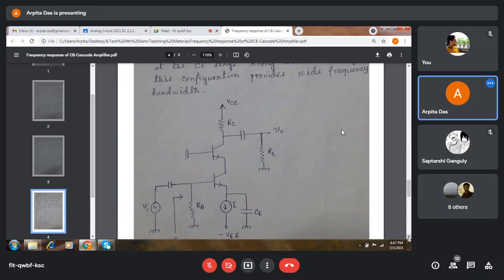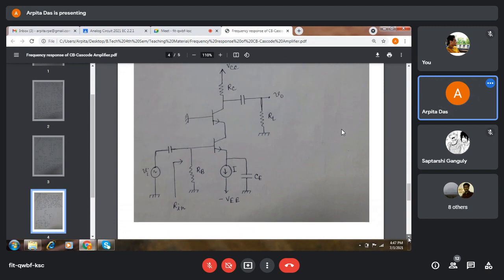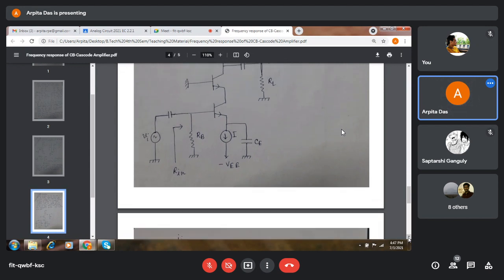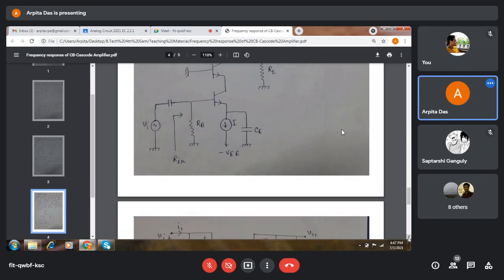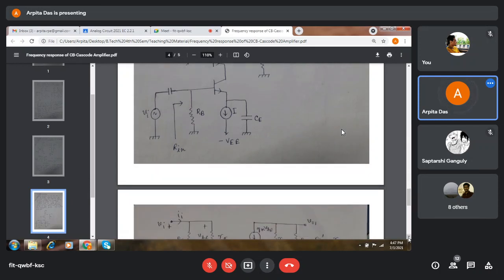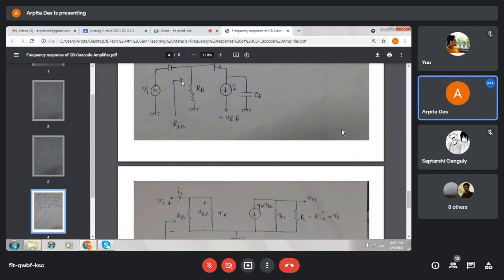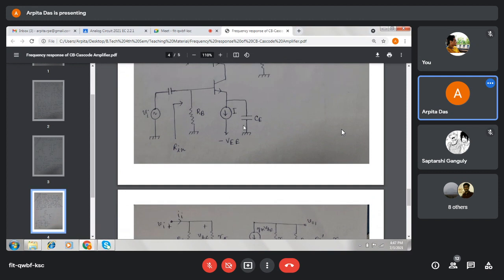Then, what are the advantages of this type of composite structure? Let us first start by considering the lower section amplifier.